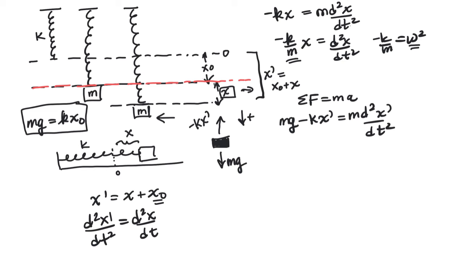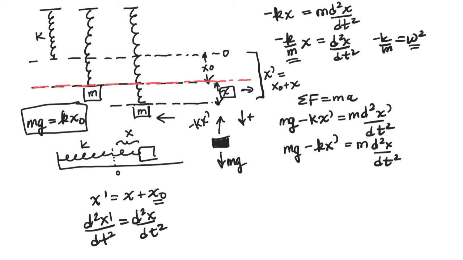If I take the derivative of x naught, it's just going to go out. So really, since x is the only thing that's varying, x prime will just be dependent on the evolution of x. So that's cool. I can substitute: mg minus kx prime equals m d squared x dt squared.